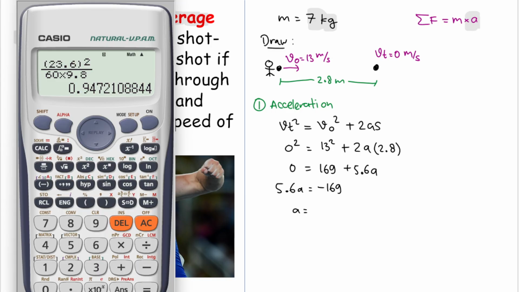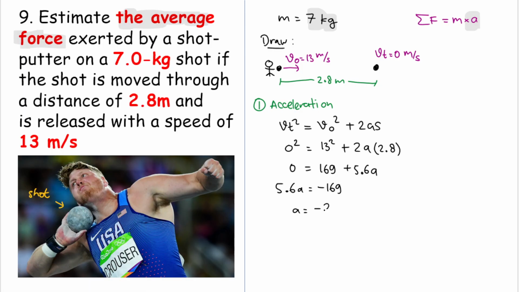So a is minus 169 divided by 5.6, and that will be minus 30.18. The unit here will be meters per second squared.